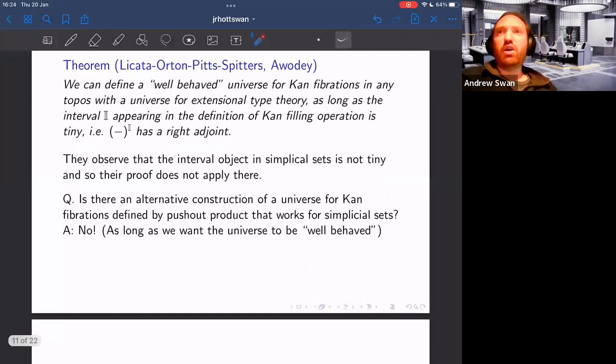But you might say, maybe there's another proof that we can use instead, to get a nice universe in simplicial sets which satisfy this pushout-product definition of Kan fibration. And so the new result is that no, we can't do this.